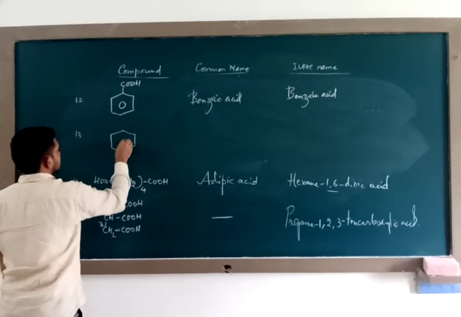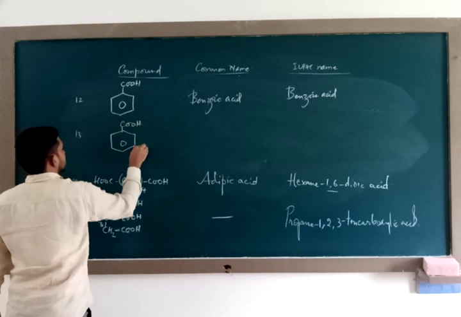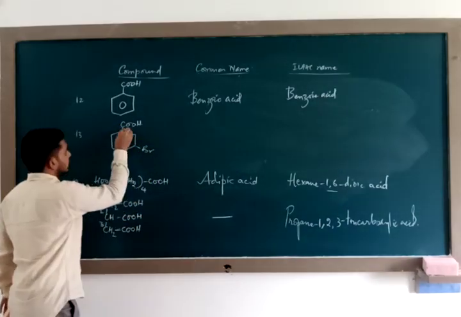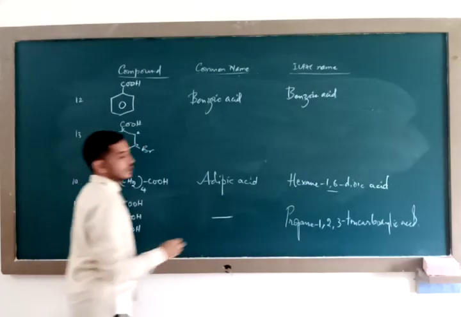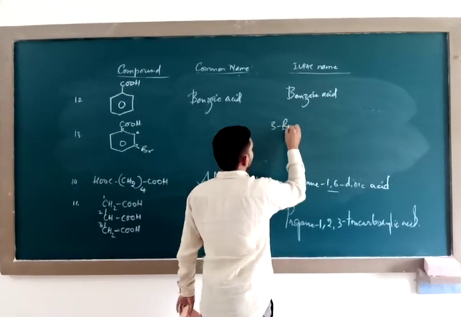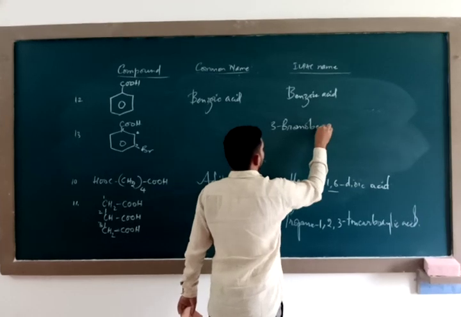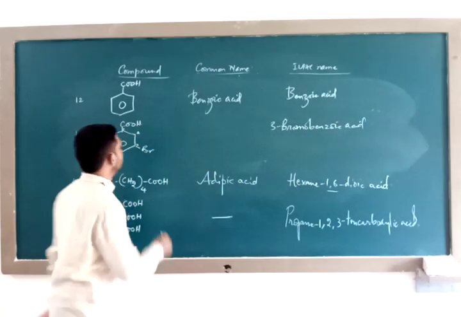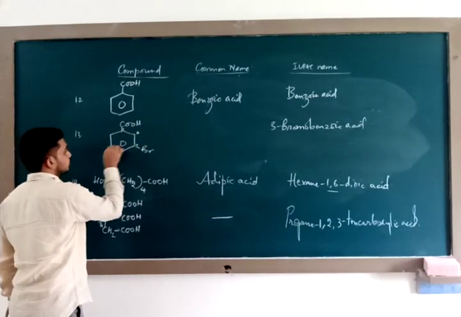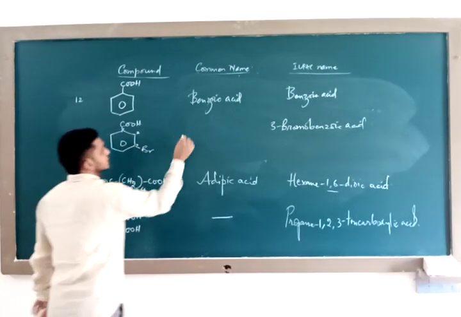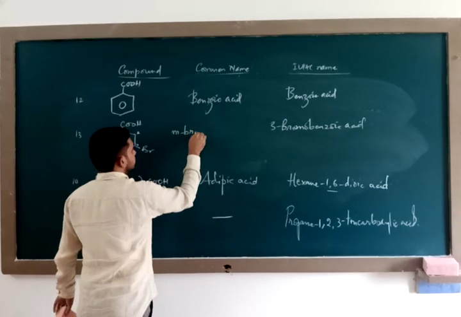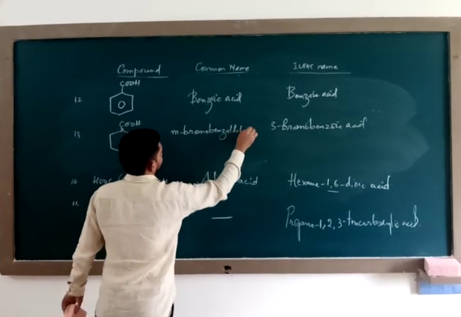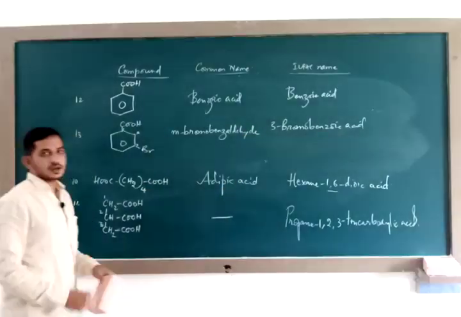If this is the case, then in the IUPAC system you will number this as 1, 2, 3: 3 bromo benzoic acid. Whereas in the common naming system, these positions are ortho, these positions are meta, and this is para. Therefore, it is meta bromo benzoic acid.